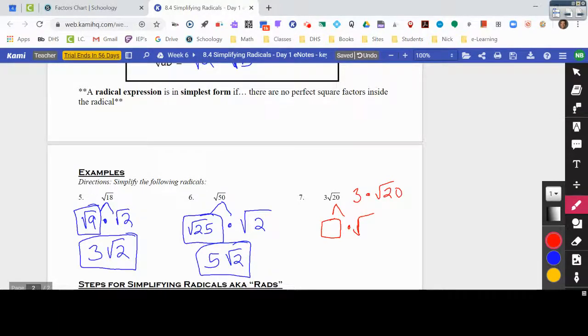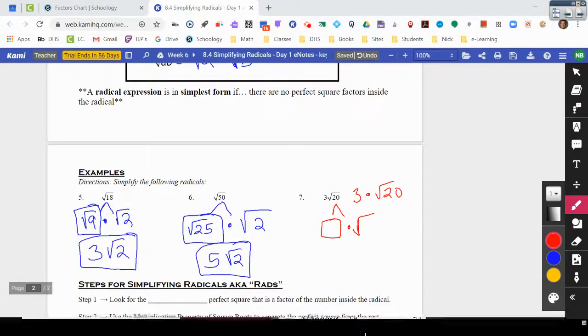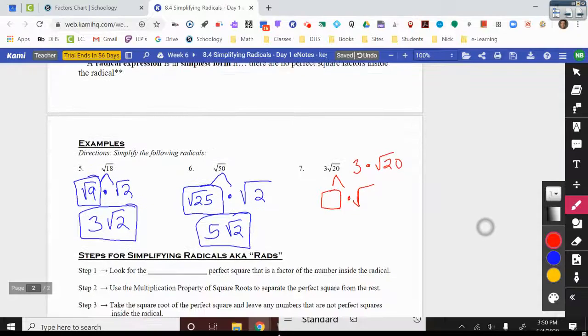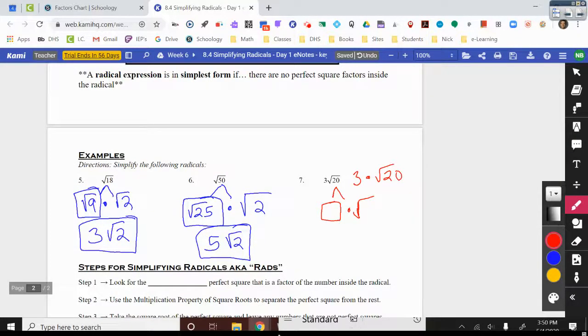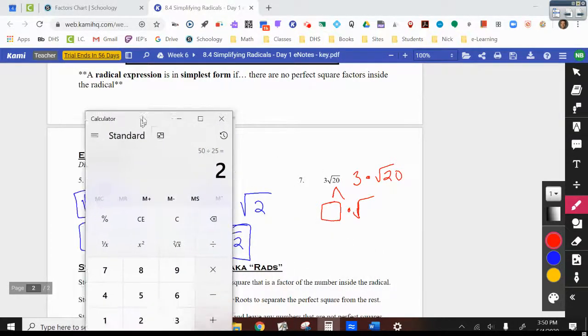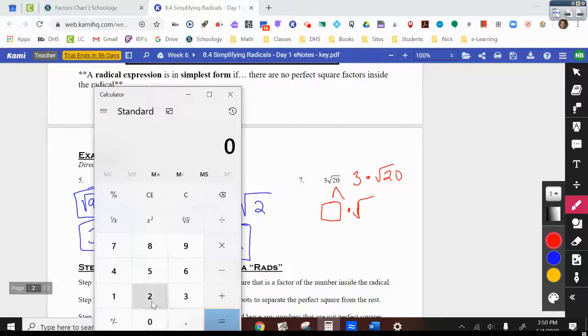So again, I have to take this number 20 and divide some numbers into it to see what is that perfect squared number that divides evenly inside of 20. Well, let's see here. Where did my little calculator go? Oh, here it is. So I'm going to take that number 20 and start dividing by some perfect squared numbers. 20 divided by 16, does that work?